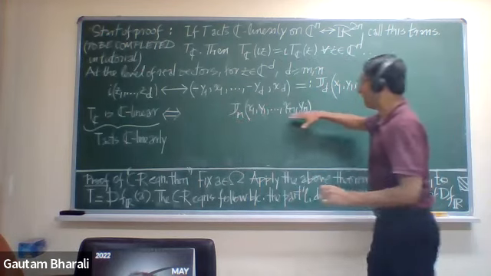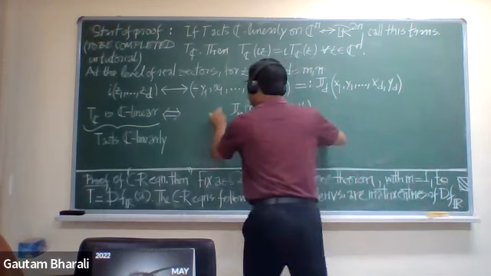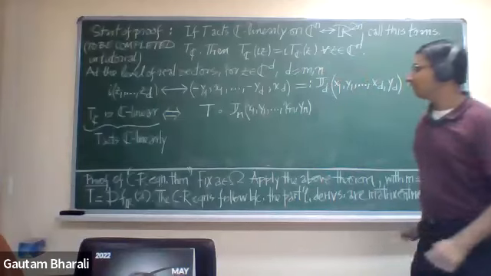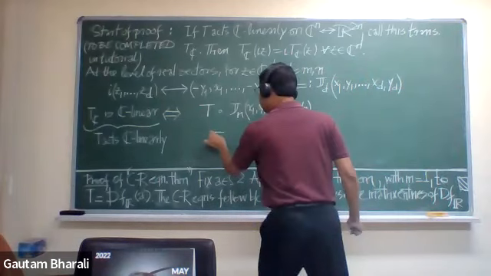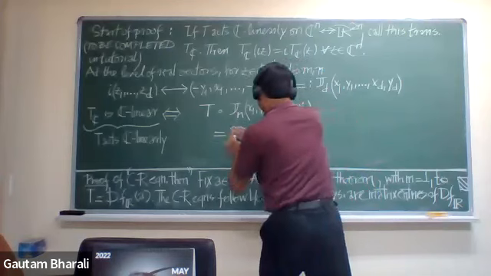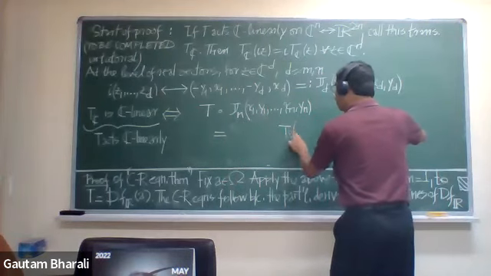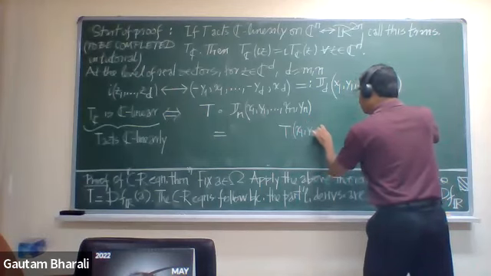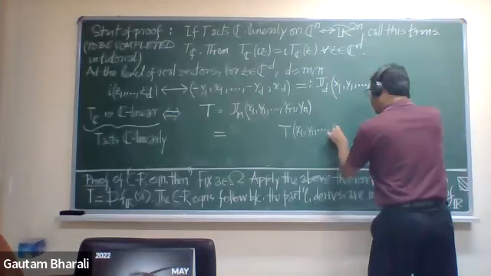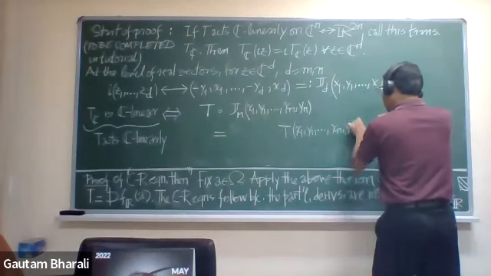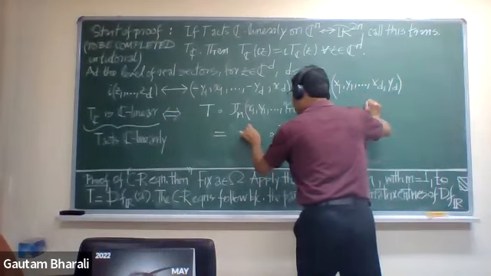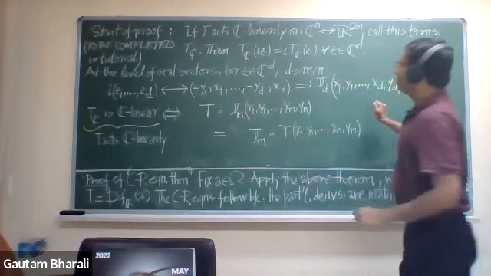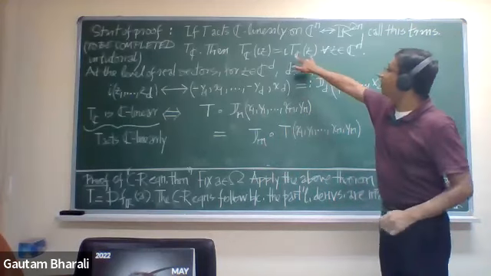So this acting on this real vector, composed with the real linear transformation, is equal to T acting on the real vector x1, y1, comma, dot, dot, dot, xn, yn, composed with Jn. So you see, this is just a transcription of this.